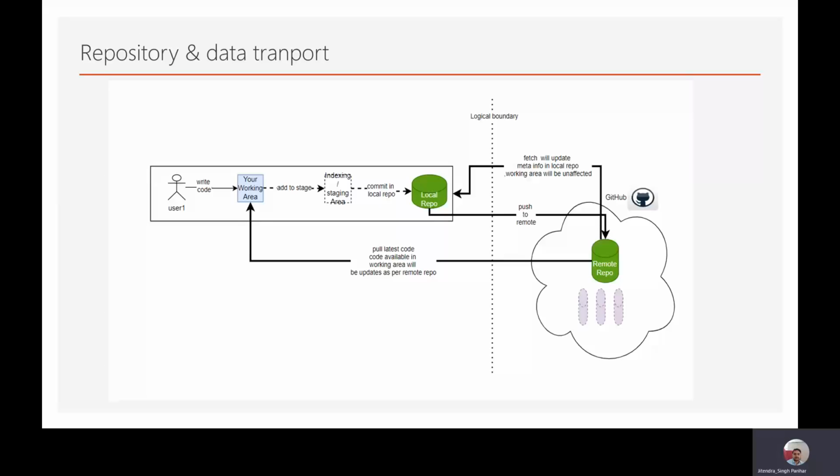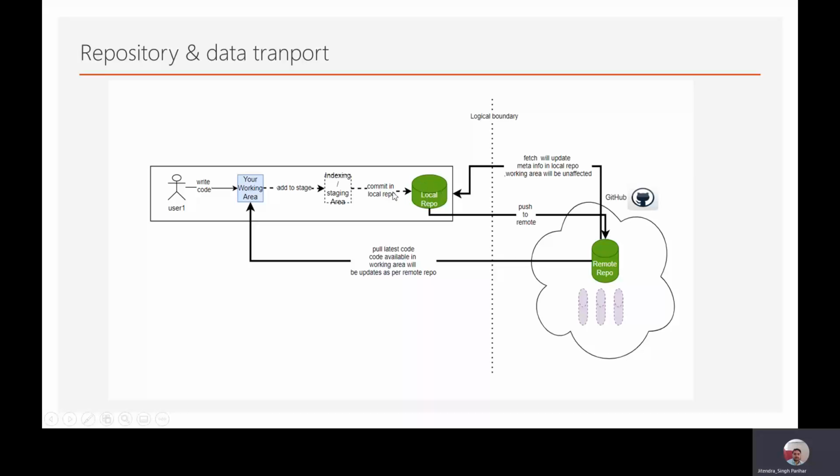Okay, so this is something like a repository. You can see the user is going to write something in the working area. Once the user completes their job, the next job of the user is to add those into the staging area, the indexing area. Once the code is in the staging area, then the user's role is to commit the same into the local repository.